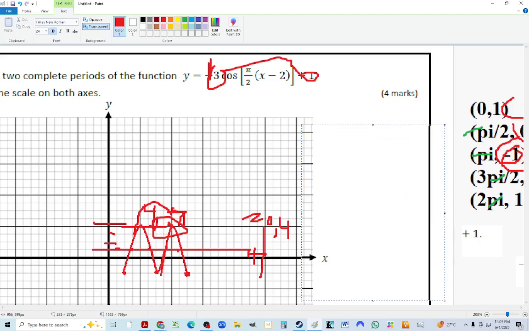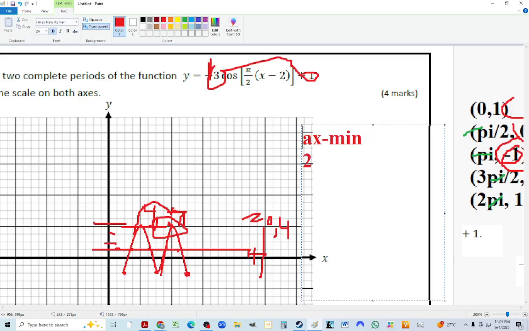You can also find the axis from this: max plus min divided by 2. In this case, our max is 4. Our min is minus 2. 4 plus minus 2 becomes 2. 2 divided by 2 is 1. That's our axis, in case you don't have the equation. And there's another formula: max minus min divided by 2.